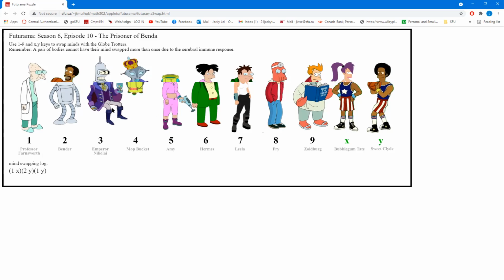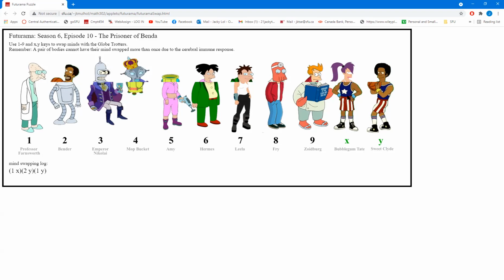I looked at, oh, I see Bender's head is in Professor, let's see, what did I do? No, I swapped Layla's body with Sweet Clyde, so I could swap. So I'll do the following. Let's see, what did I do?